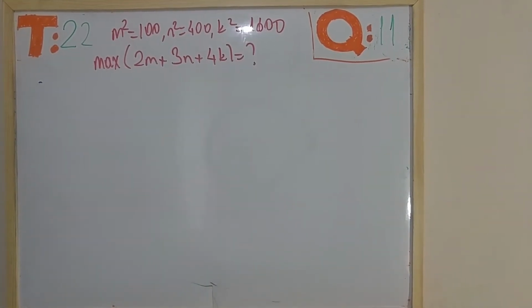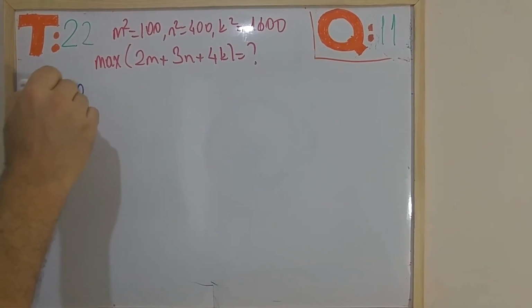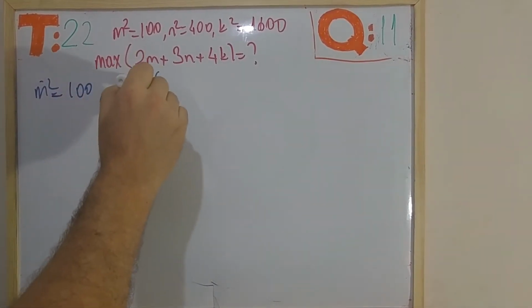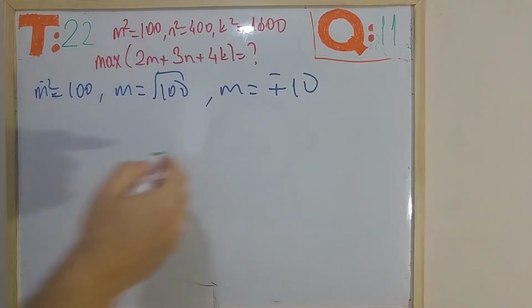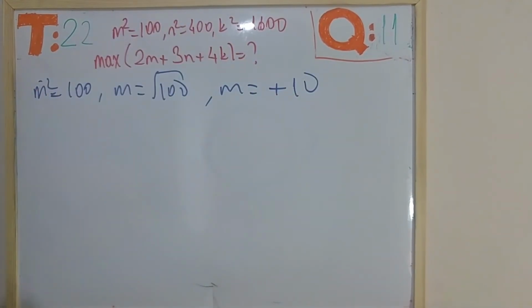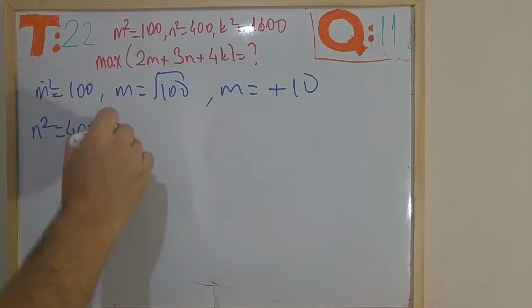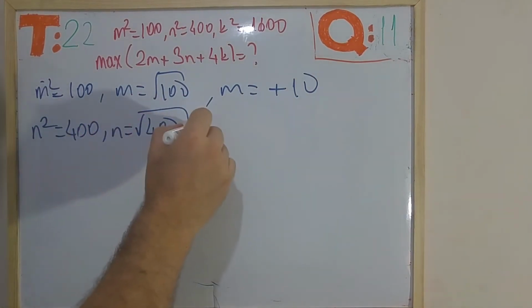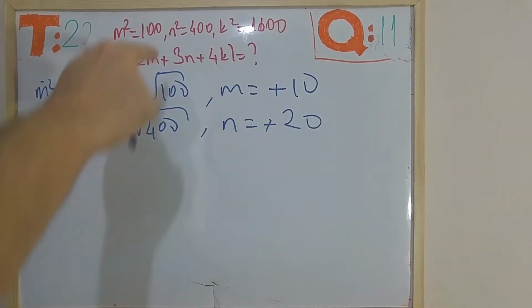Asked a maximum value, greatest value. Let's do it. m squared is equal to 100. So m is equal to the square root of 100, and m is equal to plus or minus 10. Since we are asked about the greatest value, we don't care about the negative values anymore. That's why I choose plus 10 as m value. Similarly, n squared is equal to 400, and n is equal to the square root of that 400, which makes n is equal to plus or minus 20, and I don't care about that negative value neither.